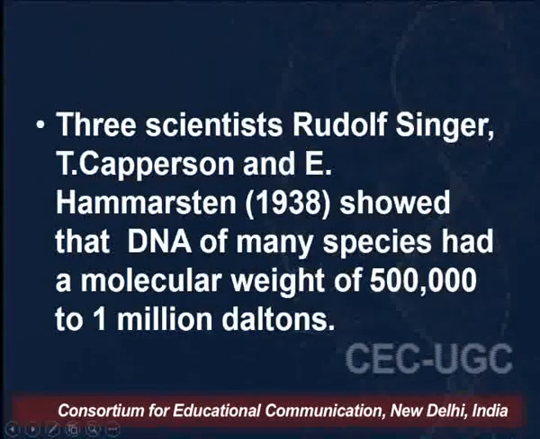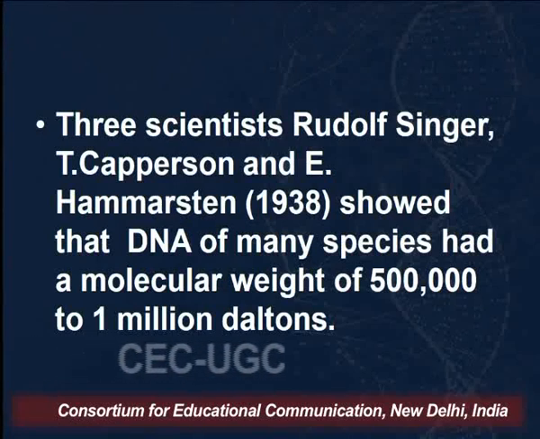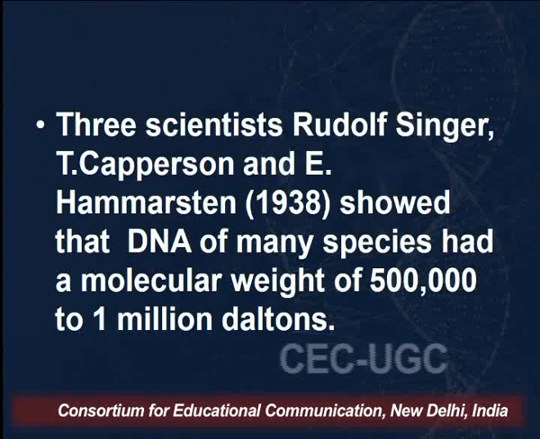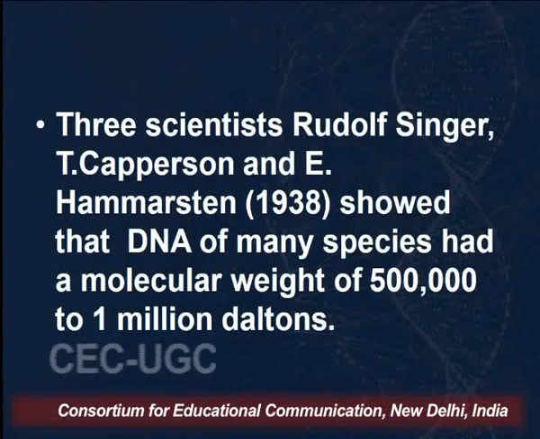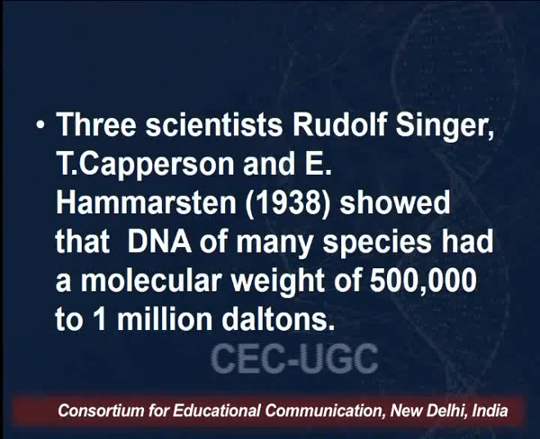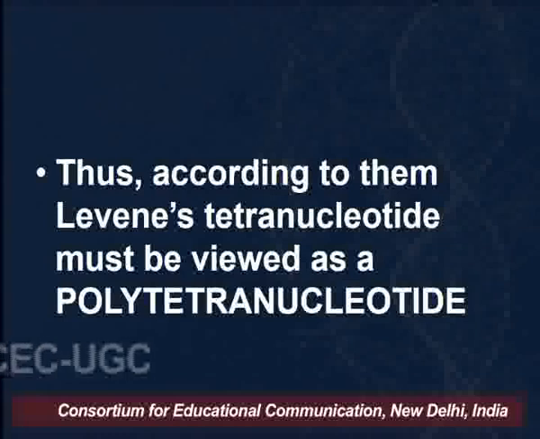It was later found by 3 scientists, Rudolf Signer, T. Caspersson and E. Hammarsten, in 1938, that the DNA of many species had a molecular weight of 500,000 to 1 million Daltons.